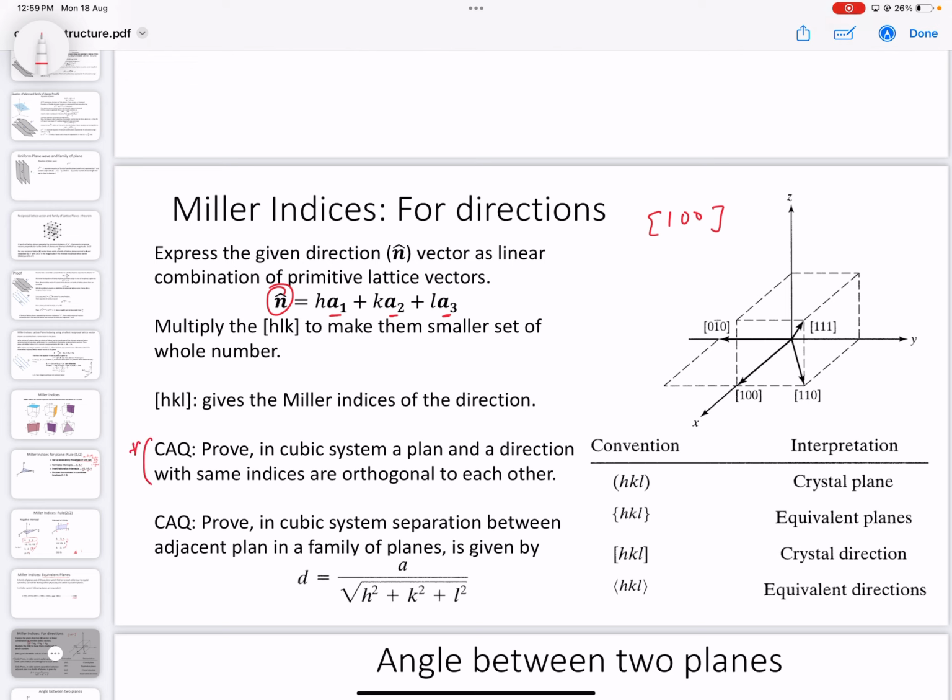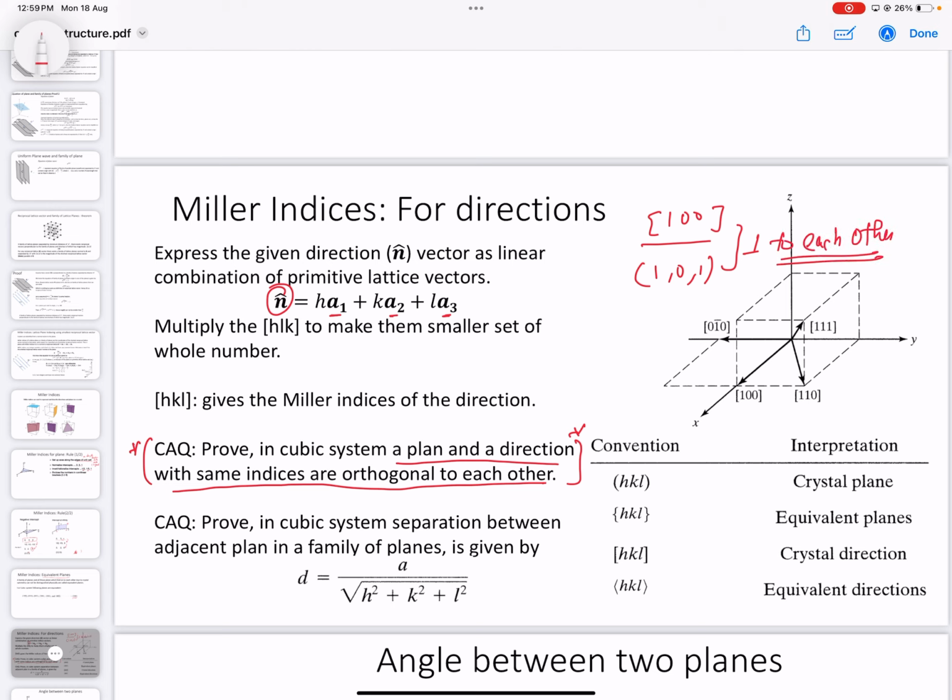This is a CAQ, which stands for class assessment question. You can try it at home. In a cubic system, a plane and a direction with the same indices are orthogonal to each other. If you take a cubic system and a Miller direction, this is the direction I am talking about, and this is the Miller plane I am talking about. They will be perpendicular to each other.